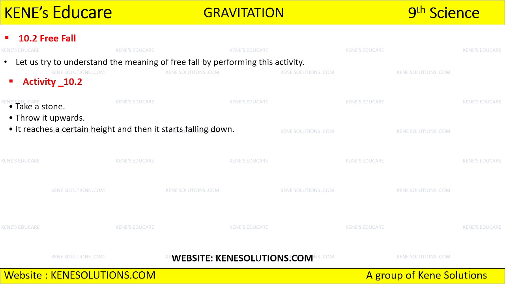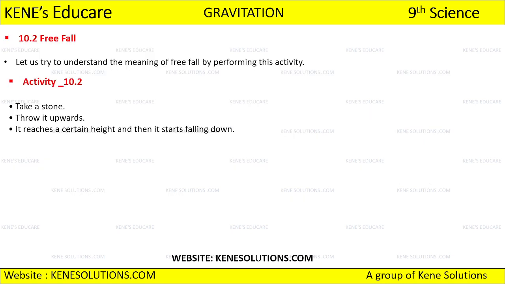After this, we have free fall, which is a short concept that we will be discussing. So let us try to understand the meaning of free fall by performing this activity. What's the activity? You need to take a stone, throw it upwards, and it reaches a certain height and then starts falling down again.